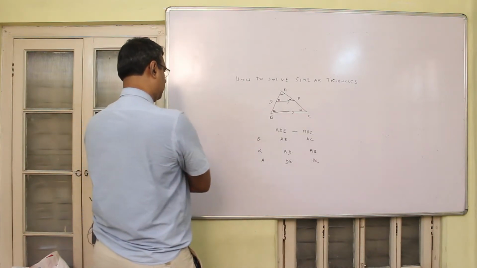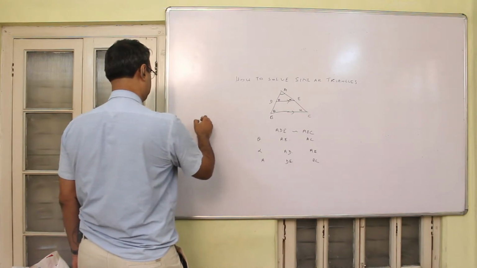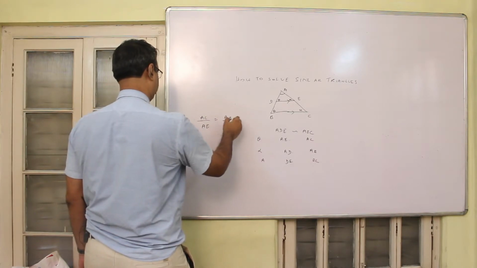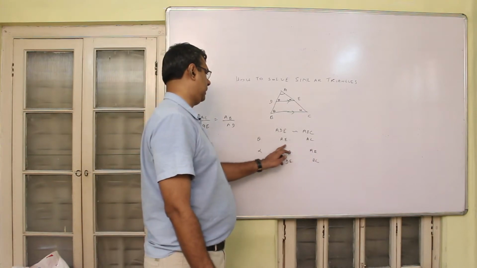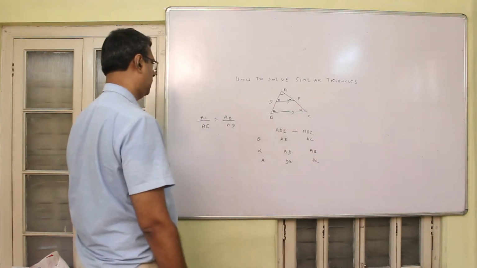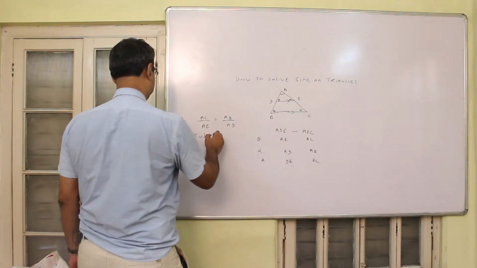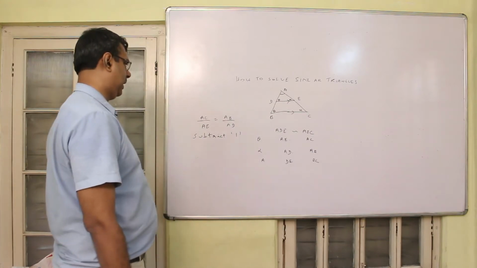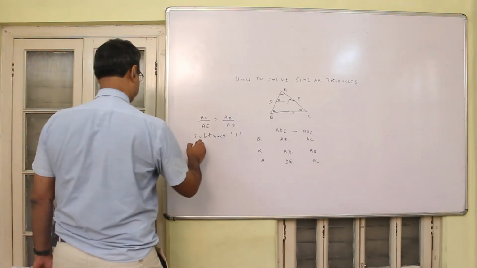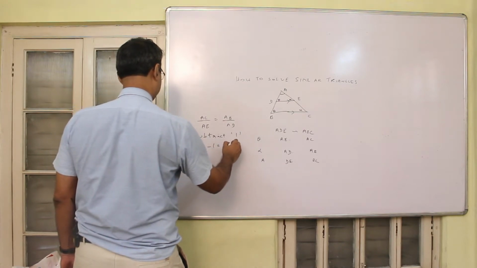Now what we are going to do is we are going to take the ratios like this: AC by AE is equal to AB by AD, right? And then we will subtract 1 from both sides.